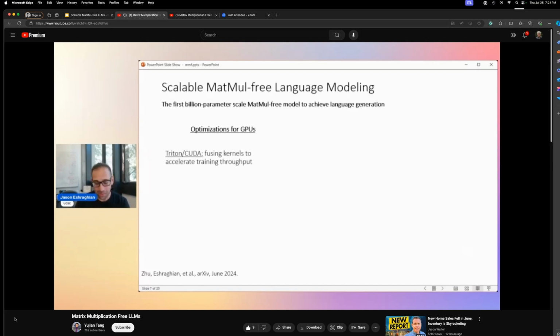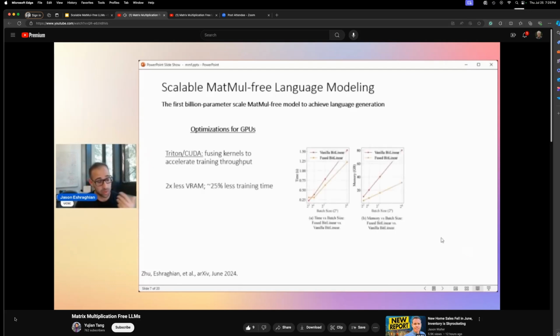I think we finished our 2.7 billion parameter model training run several hours before the submission deadline, and it was basically because we were forced to do some CUDA level optimizations to enhance training. As a result of doing that, we were able to use 2x less VRAM and accelerate training by 25%, so 25% less training time.